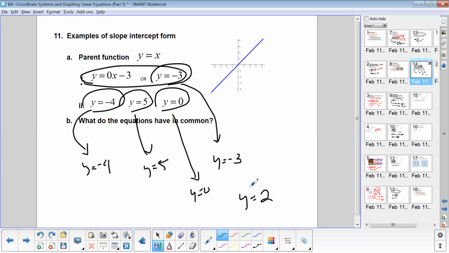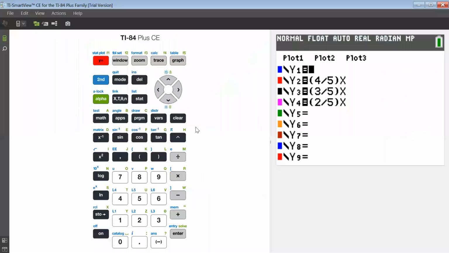All of these different values, we don't see an x as in the mx plus b form. We don't see a slope times x. That's disappeared in all of these. So really what you only see is the y-intercept. So let's graph a few of these with the calculator in regard to the parent function.